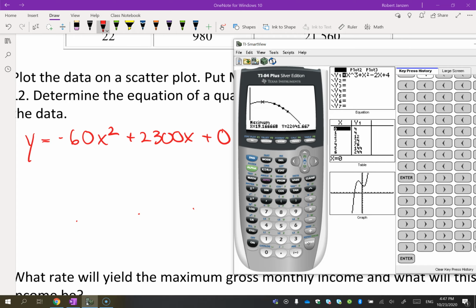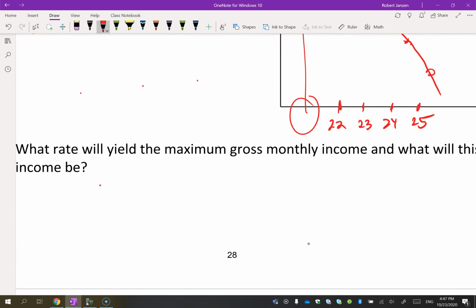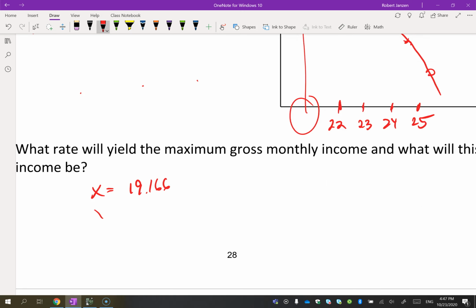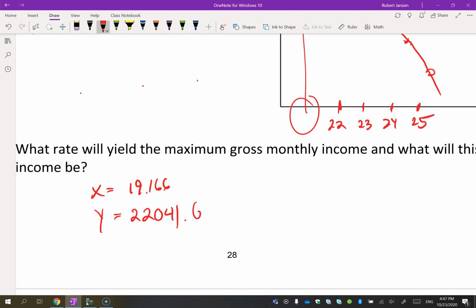It tells me the maximum is when x is 19.166. Let me write that. So x is 19.166, and y will be 22,041.667.